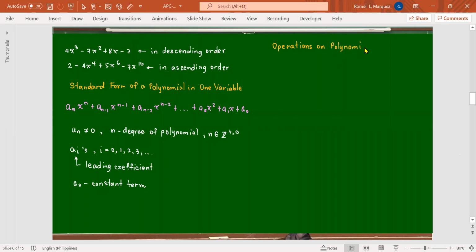And since polynomials represent real numbers, you can perform operations on polynomials, no? We can add, we can subtract, we can multiply, we can divide polynomials. Okay, guys? We can even raise the power to n powers. Okay? So, let's start with combining similar terms.